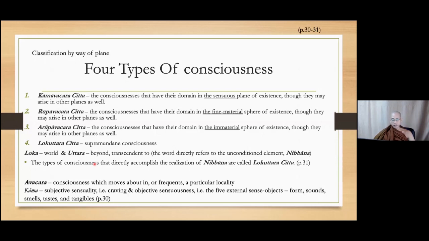And then Arupa Vachara Bhumi, the 4 Arupa Vachara realms of existence, the immaterial sphere of existence. So we have 3 categories of planes of existence. But here, the consciousness are 4 types. So the classification 1 to 3 comes in accordance with the classification of planes of existence.